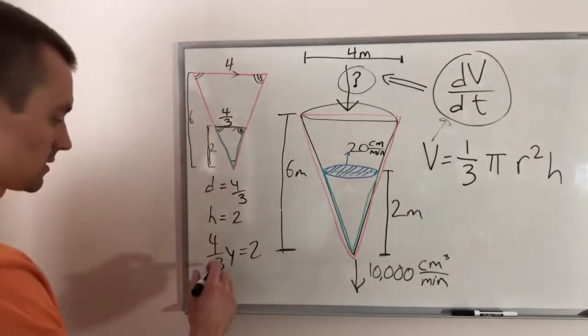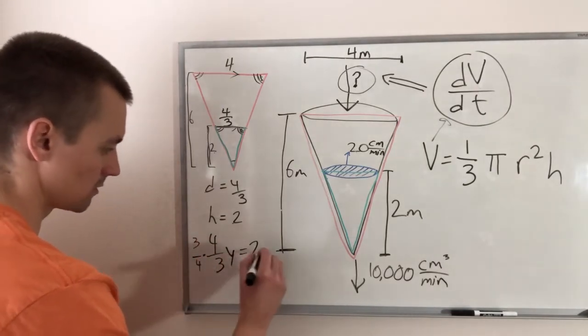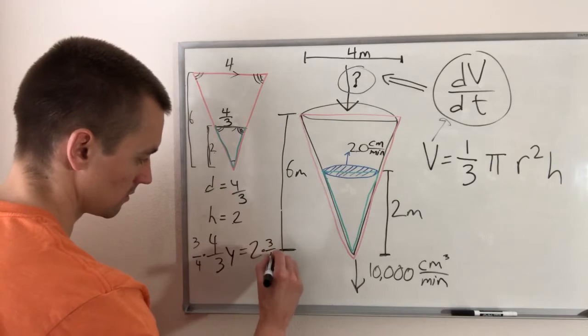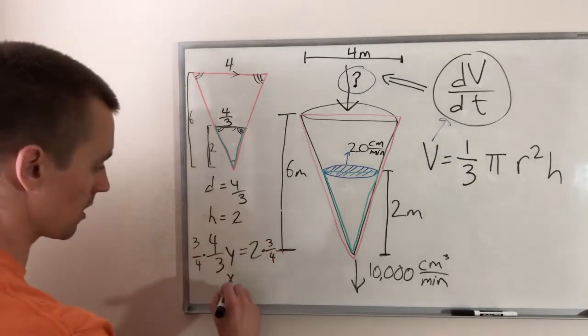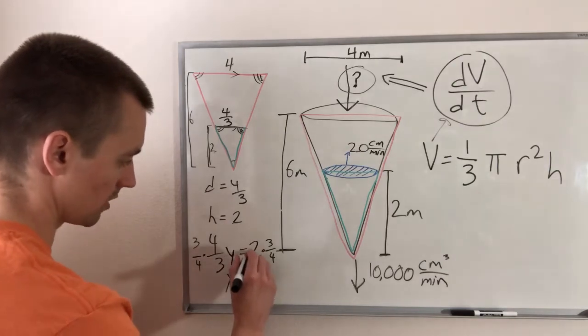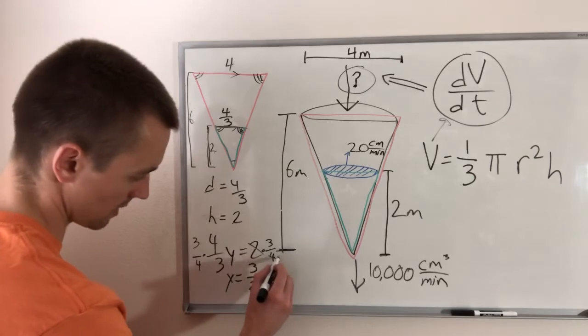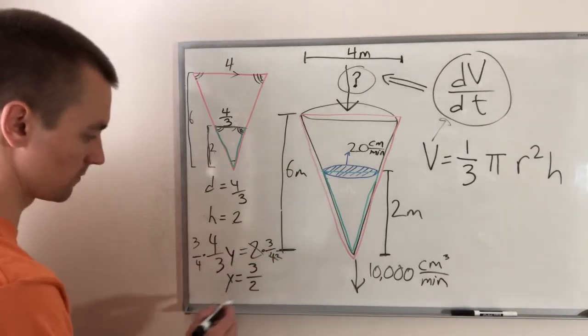So that tells us if we multiply this by 3/4, that'll give us y equals 3/2, right? That'll cancel with that, making that a 2, 3/2.